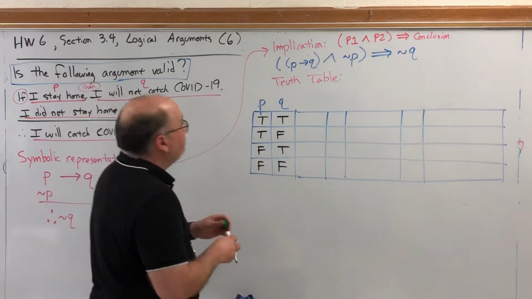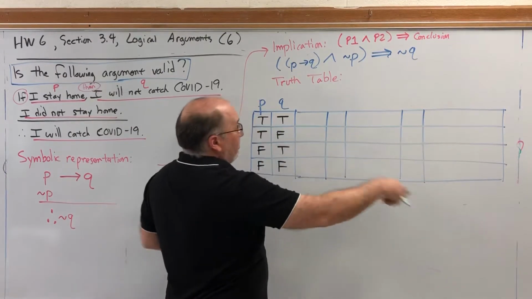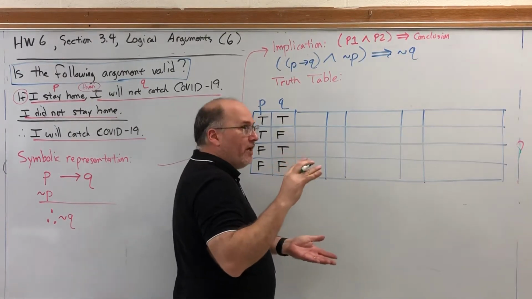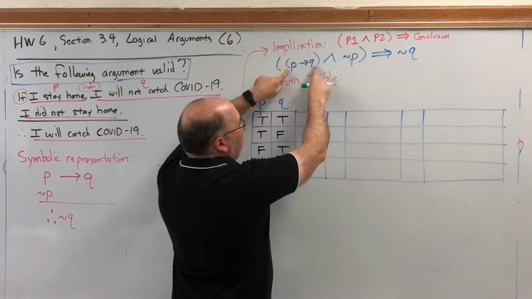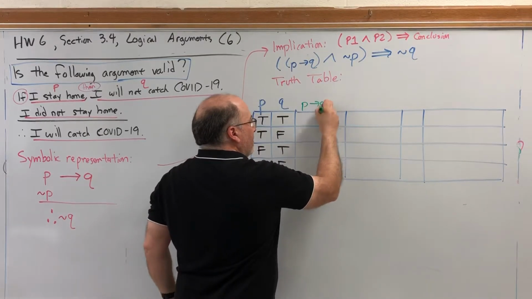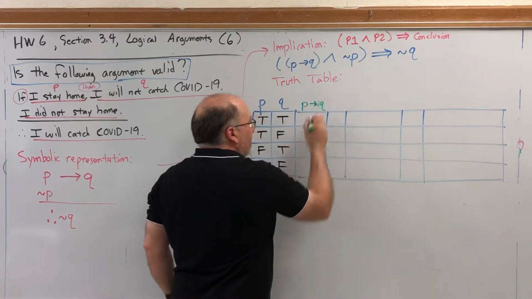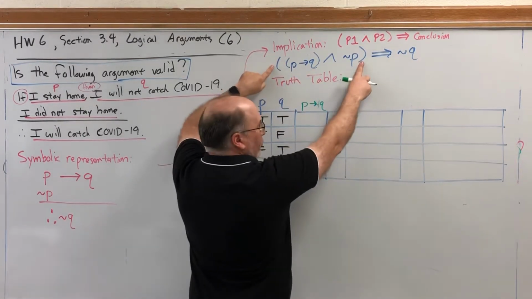For example, in the implication, at the top of the hierarchy of logical connectives are parentheses, and inside those are some more parentheses, and inside that is the implication, P pointing to Q. That finishes these parentheses, but it does not finish the outer parentheses.